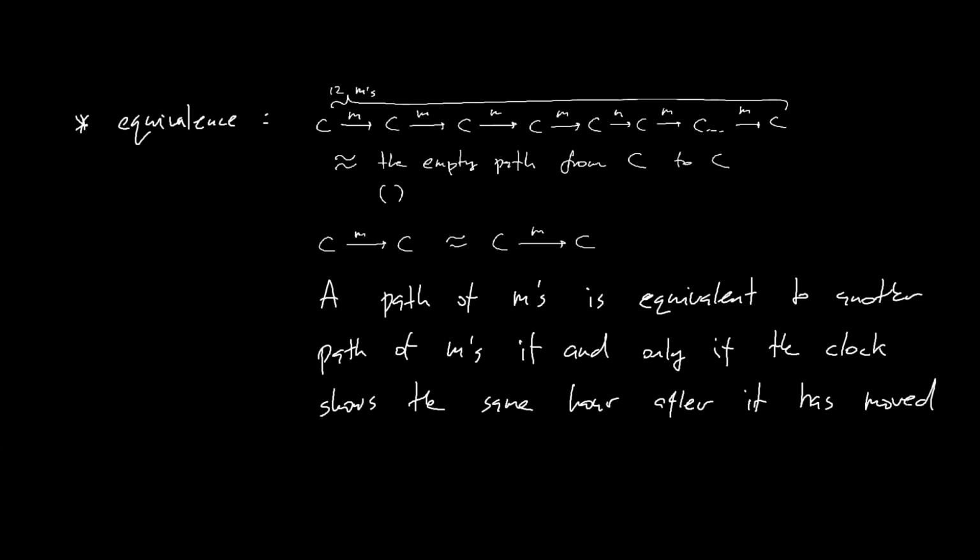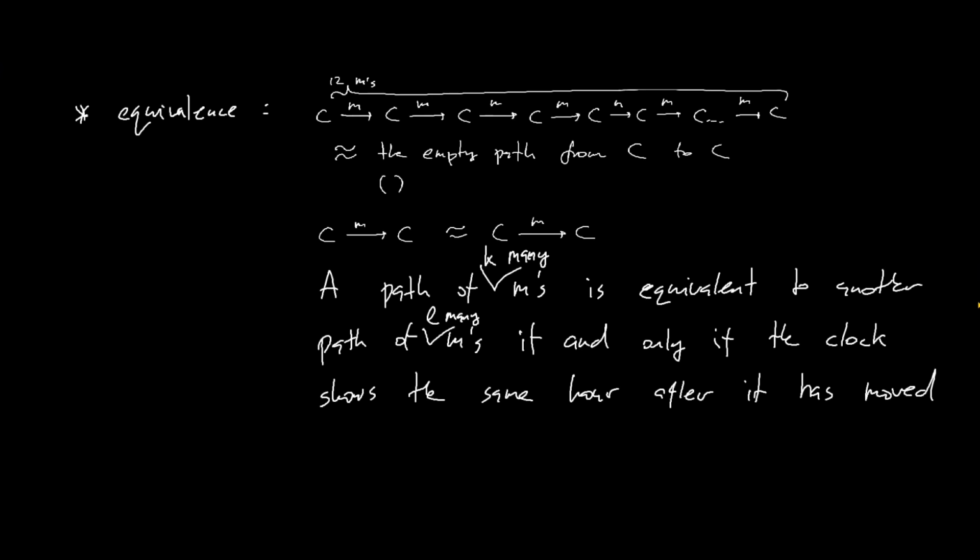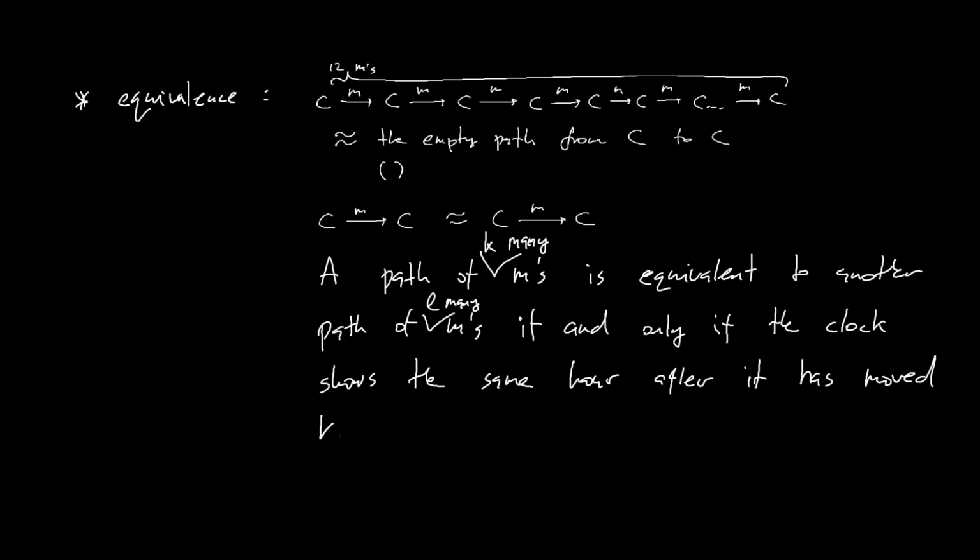Okay, now I need to keep track of how many M's each path contains. So a path of, let's say, K many M's is equivalent to another path of L many M's if and only if the clock shows the same hour after it has moved K many times and L many times, starting from the same position, right?